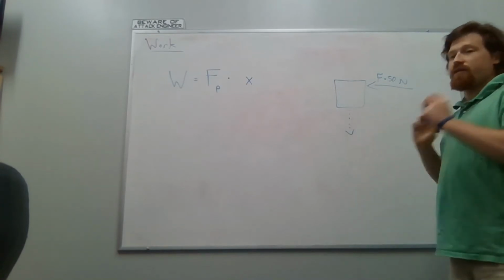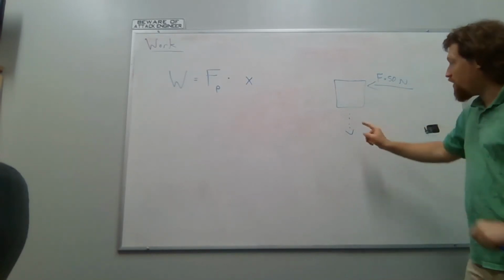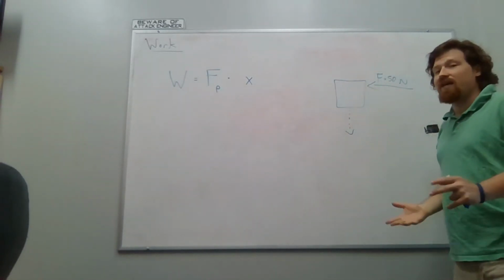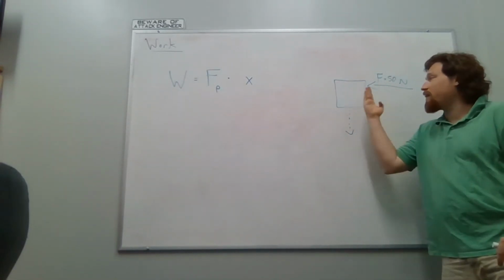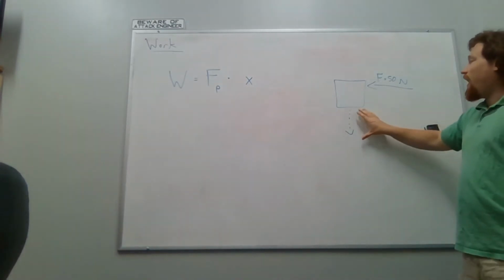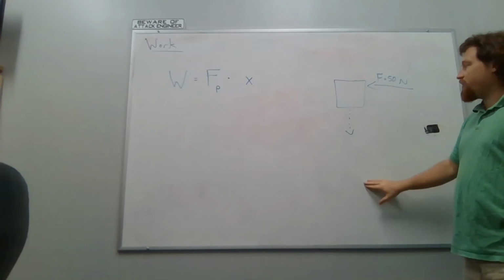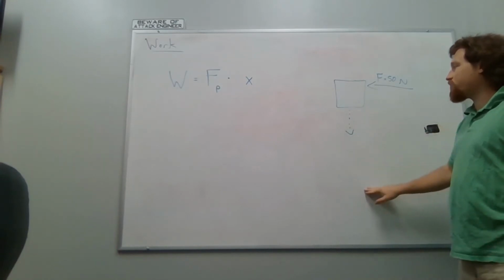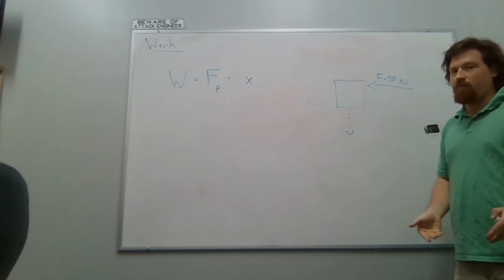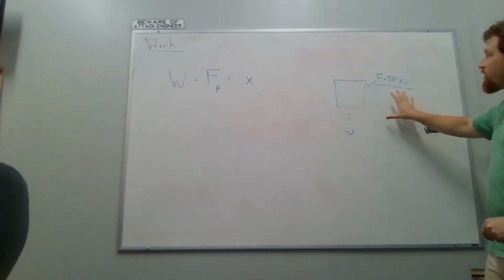I am exerting 0 newtons in this direction. All of my force is to the left, and that's not accomplishing anything because the box is not moving to the left, it's moving down. I'm not exerting any force in this axis, so the parallel force, the force that is parallel to this direction, is actually 0.